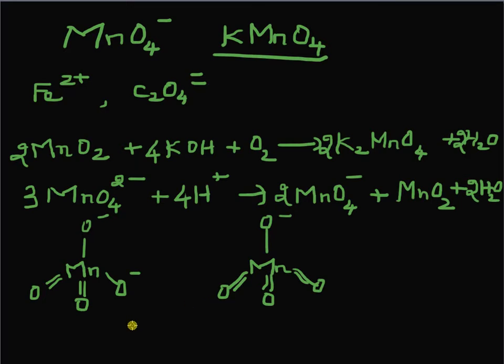So what is the next thing? We have to write balanced equations for the redox reactions involving KMnO4. KMnO4 can act as an oxidizing agent in acidic, basic and neutral media.